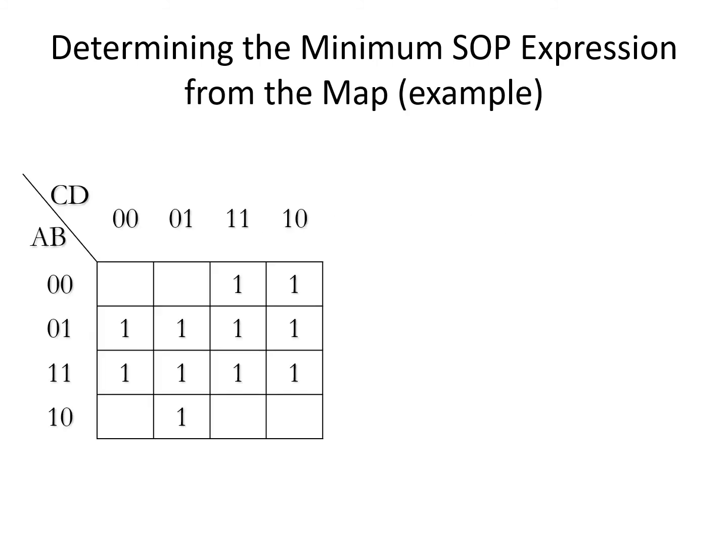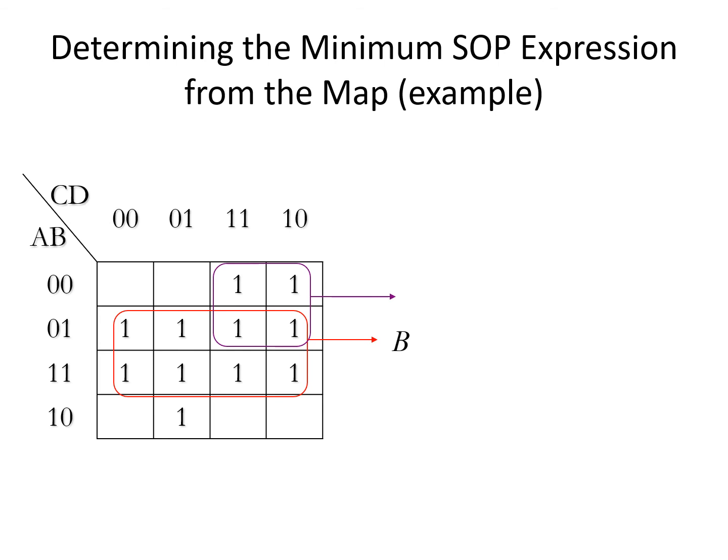Now, let us do the example. Determining the minimum SOP expression from the map. So, consider the example. Let us group the ones. This is the biggest group. As you could see, you have the 8 ones grouped together in a 4-variable map that results in a single variable.